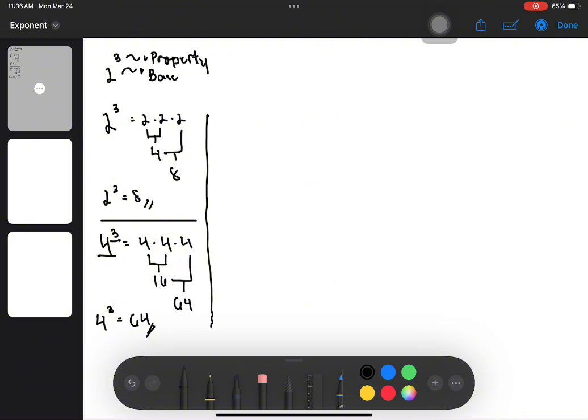So let's actually try it with a bigger number, right? So let's use 10 for our base. 10 raised to the fifth power. That's going to be 10 times 10 times 10 times 10, and then another one times 10. So first, 10 multiplied by 10 is going to be 100.